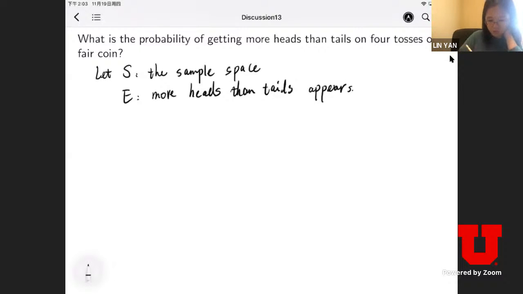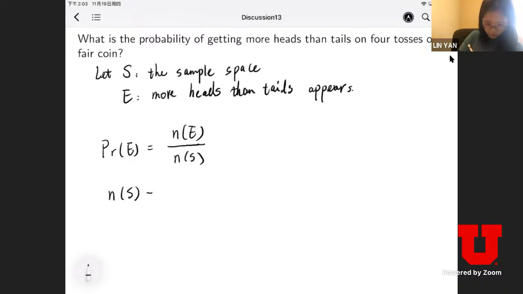In order to calculate the probability of E, we need to know what NS and NE are. If you have some idea about what NS and NE are, please type it in the chat window.